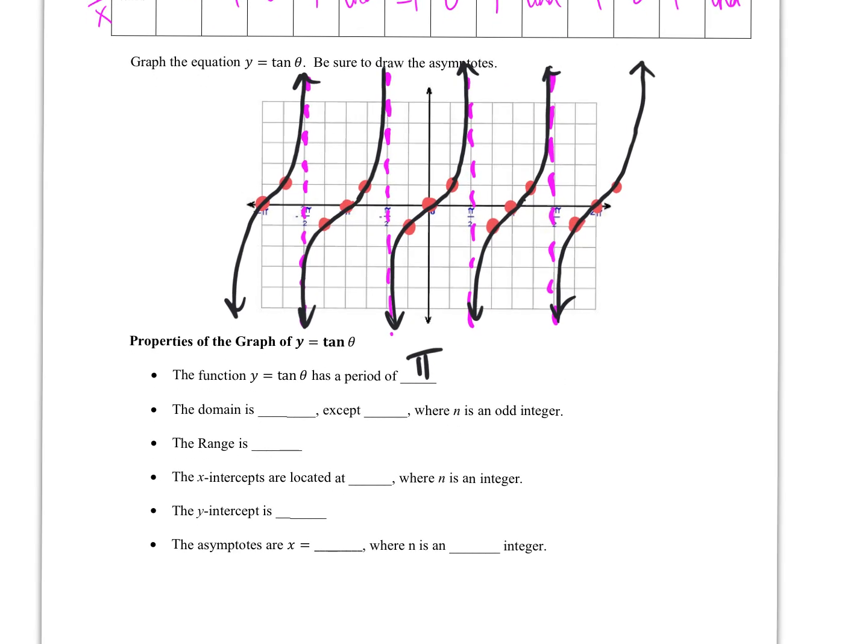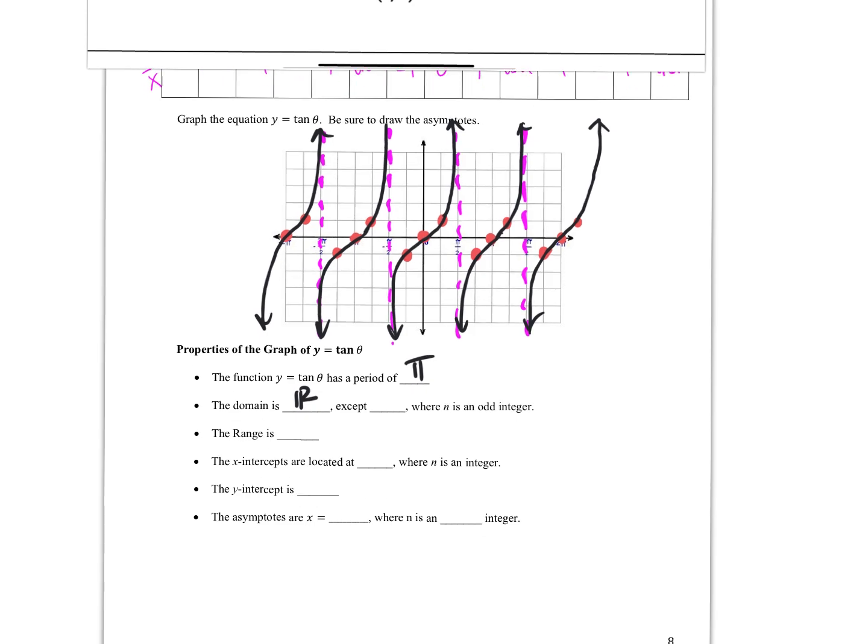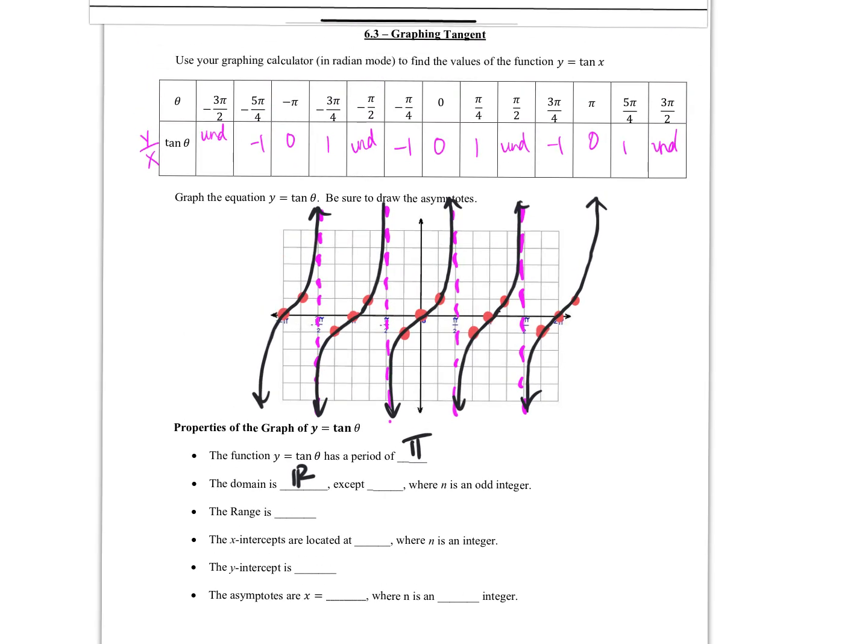What about the domain? Domain is where are the x's? Where does this graph exist for all x's? I would say all reals, except where are those asymptotes happening, you guys? Yeah. So you're saying negative 3 pi over 2, negative 1 pi over 2, positive 1 pi over 2, 3 pi over 2.